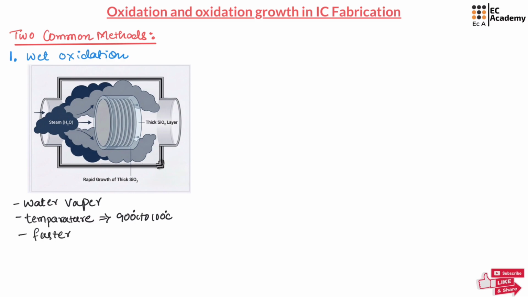One of the major advantages of wet oxidation is the process is faster and a thick layer of silicon dioxide is formed.